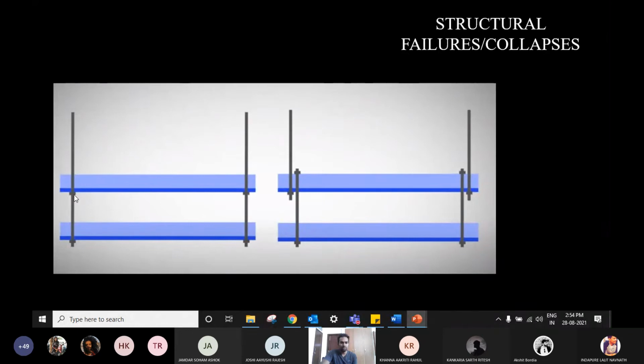And how it is being connected, you have some nuts over here, like a bolt and nut, okay, that's a connection over here. And you have the second walkway below, the 2nd floor, and that is also connected to your hanging rod using the same kind of connection mechanism. This was the original design and the proposal.